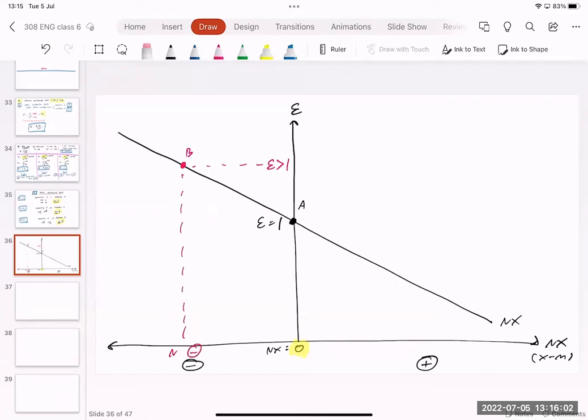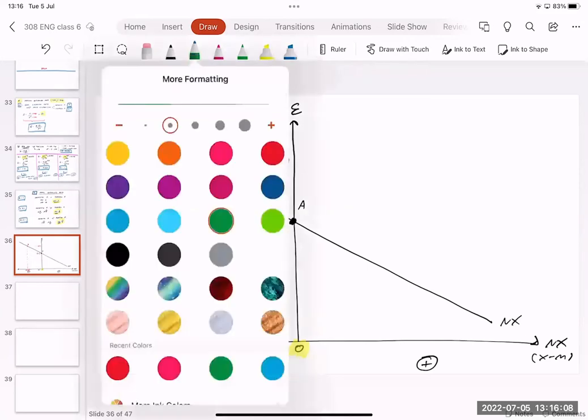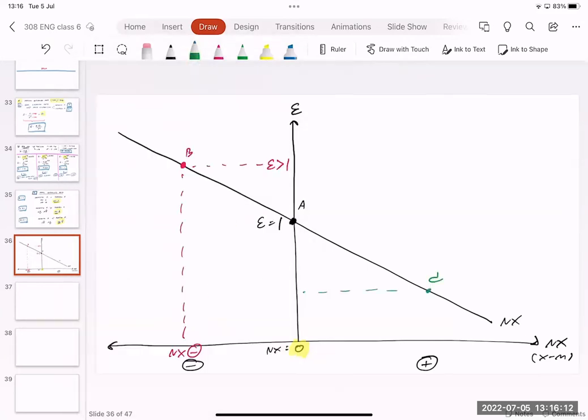On the other hand, at point C, epsilon is less than 1 because it's below point A. The product in our country is cheaper, right? We can export more, import less. Net export is going to be in the positive area.